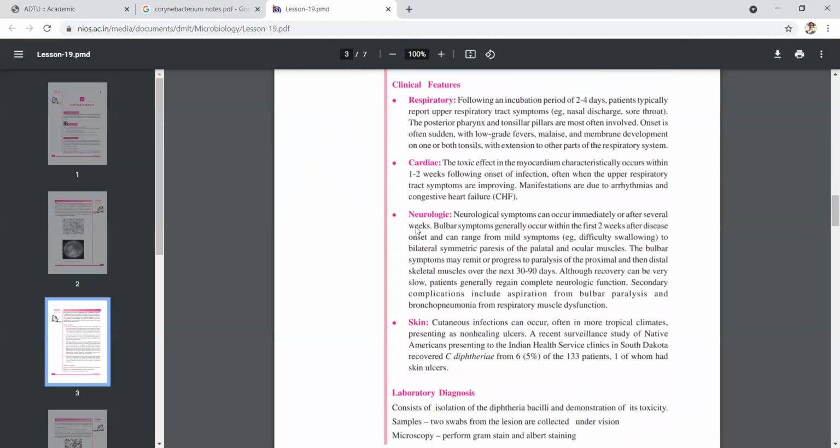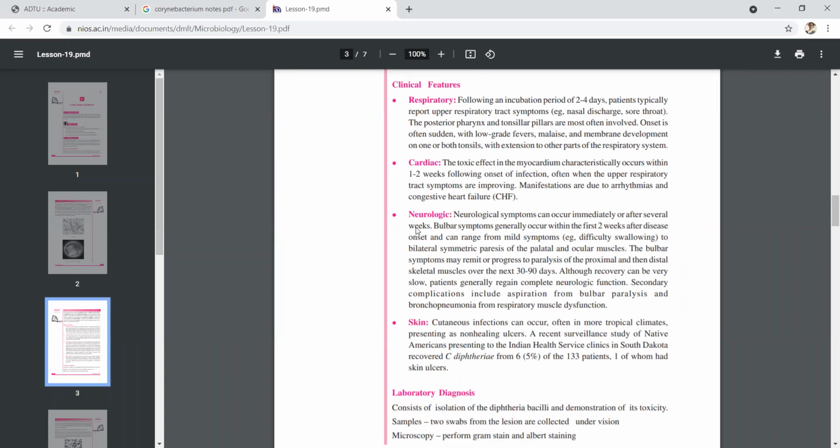Now if we move towards the clinical features of this disease, what kind of symptoms do you see, or what are the problems that may happen in the person? First is respiratory problem. This bacteria actually targets the respiratory tract, so you would obviously find problems in the respiratory area following an incubation period of 2 to 4 days.